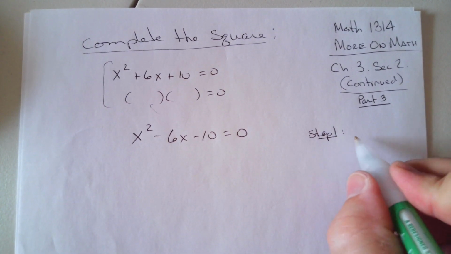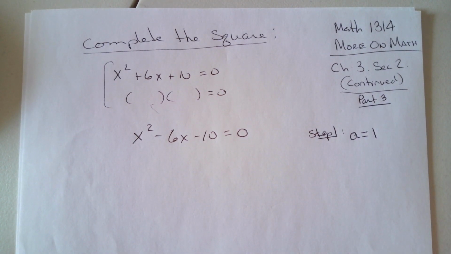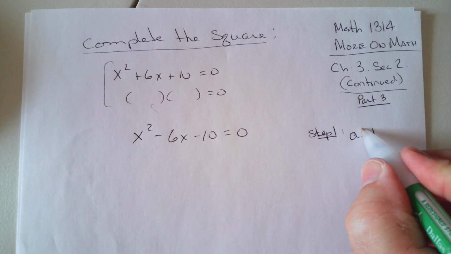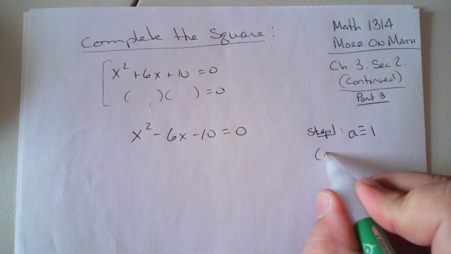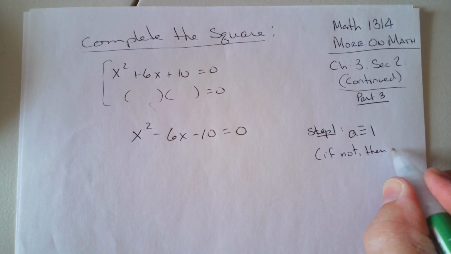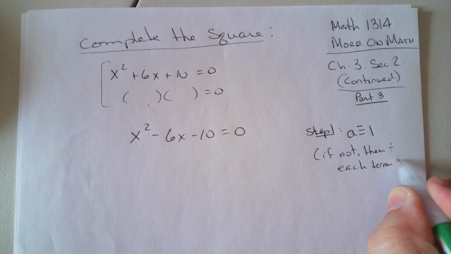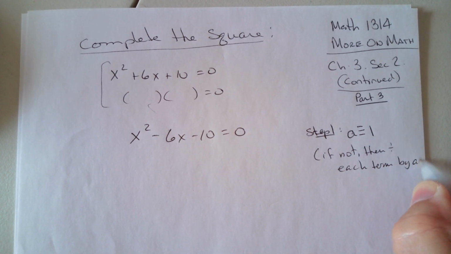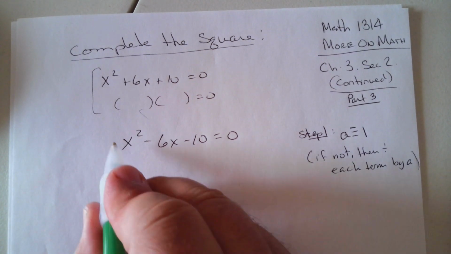For all of these, your leading coefficient must be 1. It must be 1. That's what those three lines mean. If not, then divide each term by whatever the leading term is. If that's 1, we're okay.